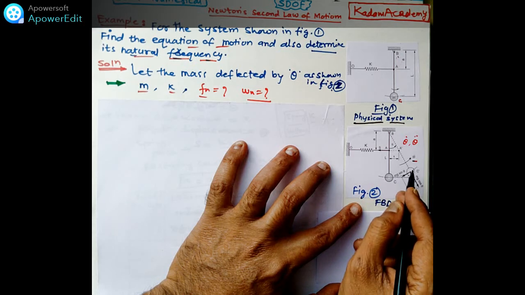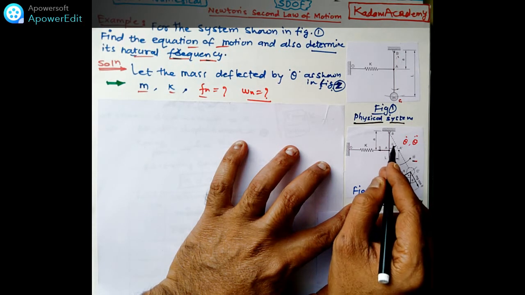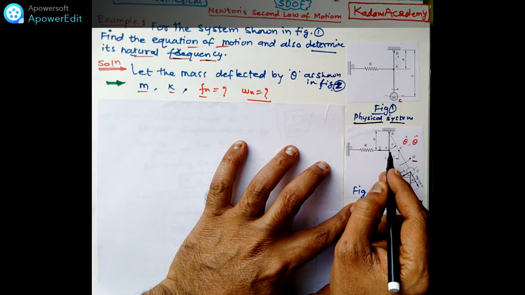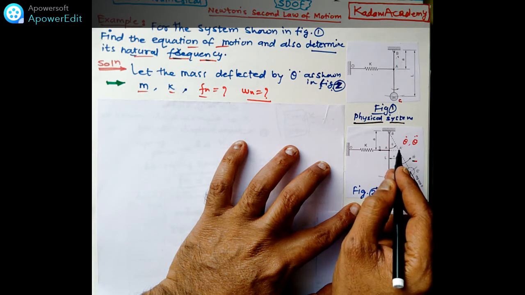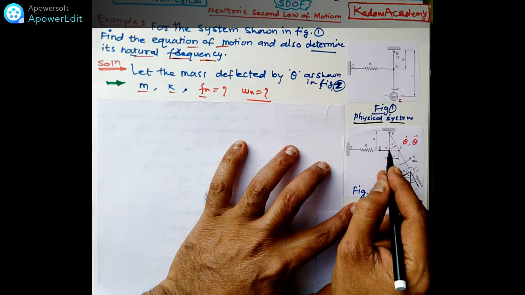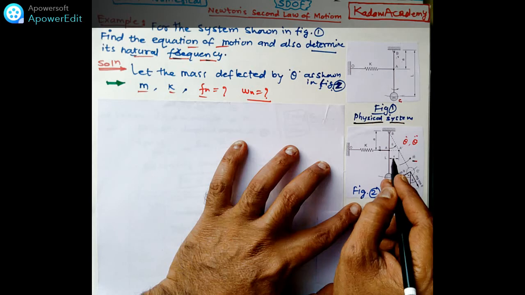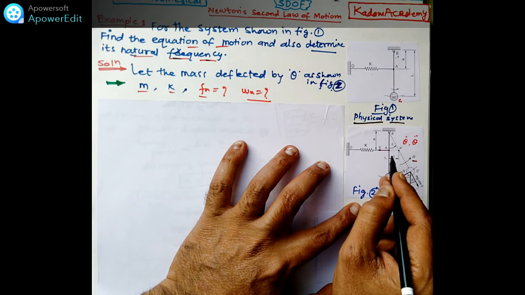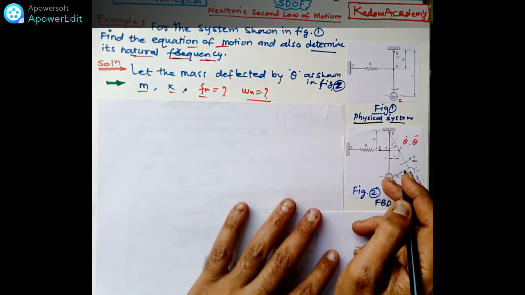From this position it is deflected by an angle theta. Due to this, this is the angular displacement of the simple pendulum, and here is the linear displacement of point A. Means the spring will be displaced by distance x.